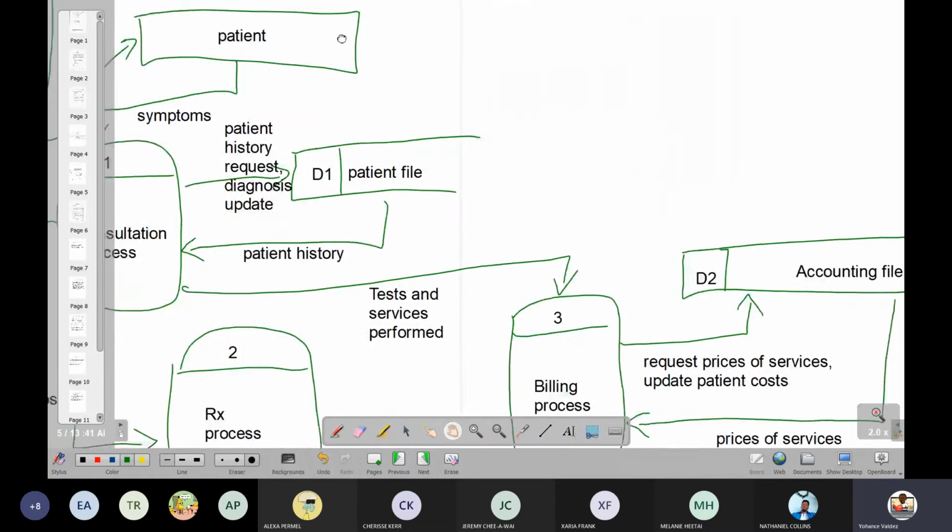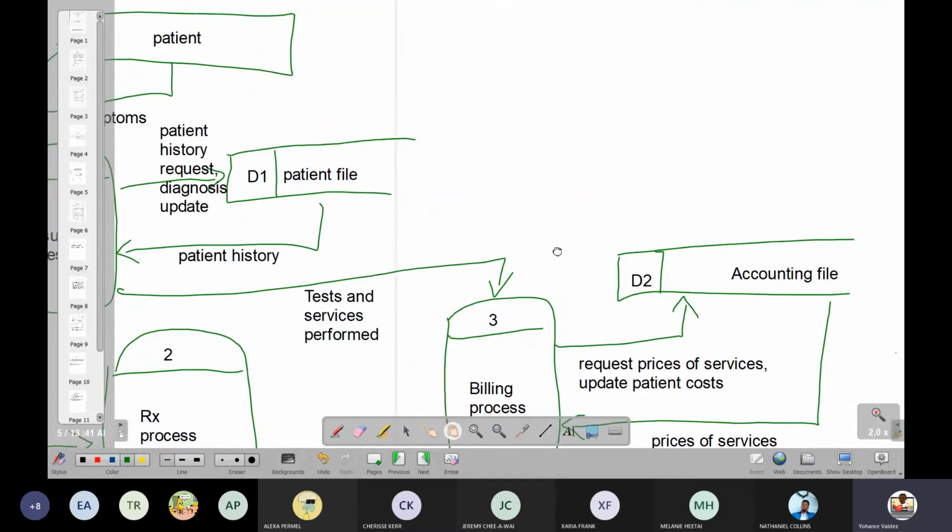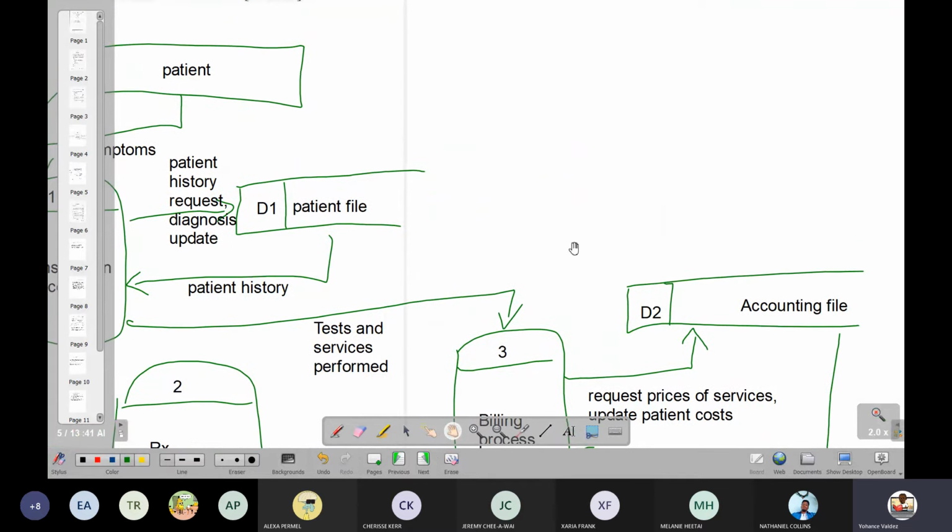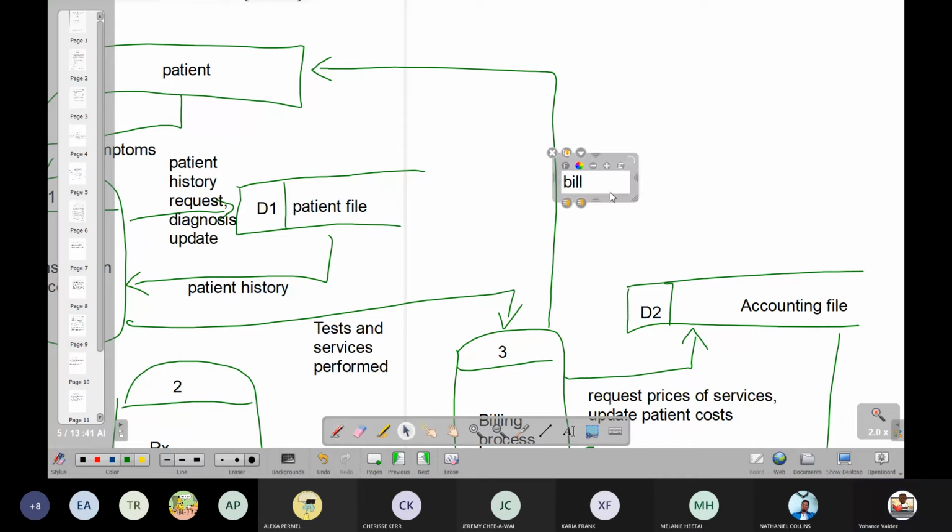Okay, so we record, update patient cost inside of the accounting file, and then finally, we will send a bill for services to the patient.